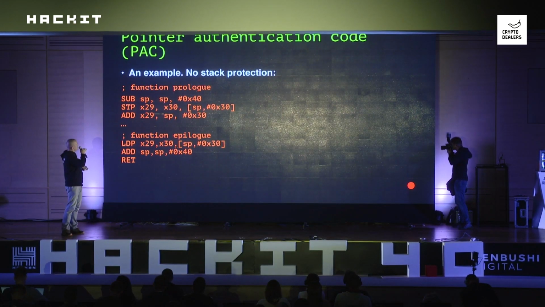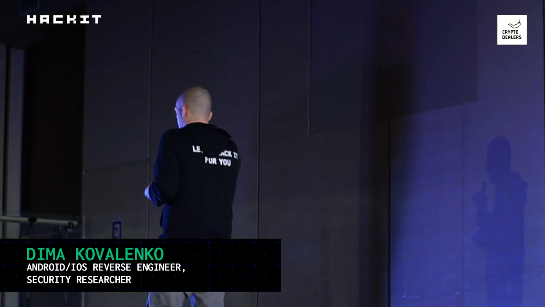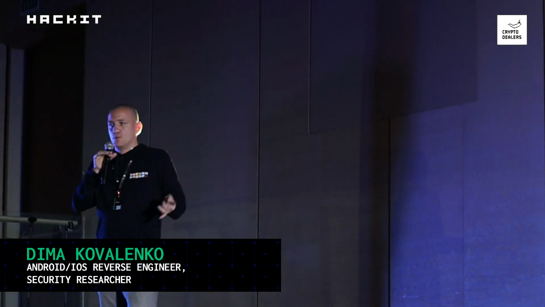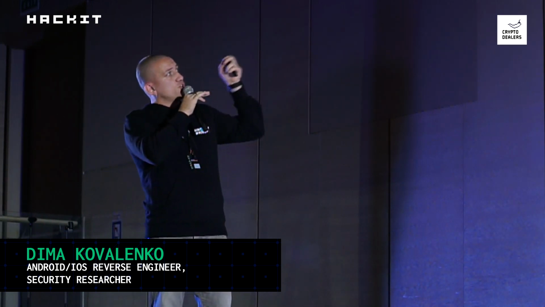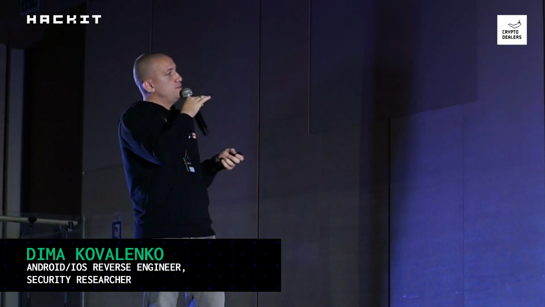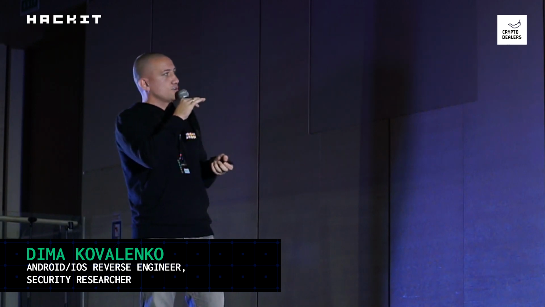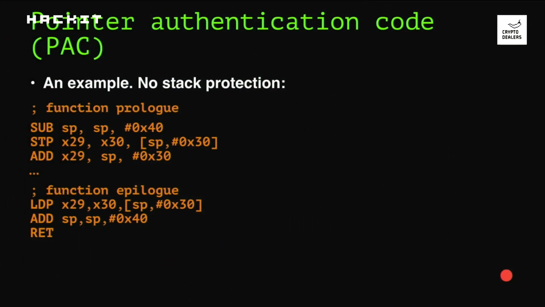And there is an example. The example is pretty simple. If you do not read ARM assembler, I will explain this in a simple way. It's nothing to be scared of. It's a typical function prologue, the beginning, and typical function epilogue, the end of the function. In the prologue, there are several instructions, and an instruction saves a general register called LR, link register.